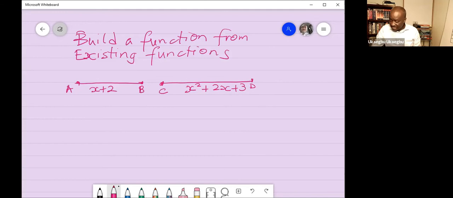So you can represent the first one as f of x, and the second one as g of x.